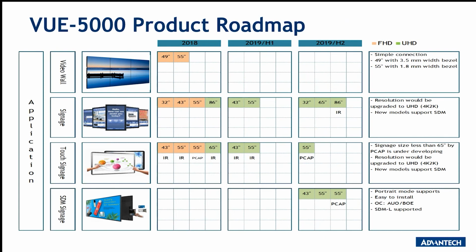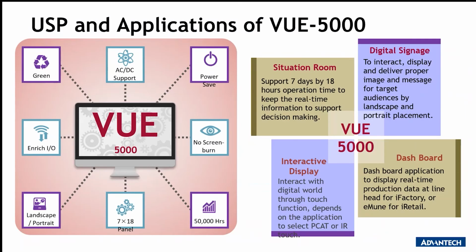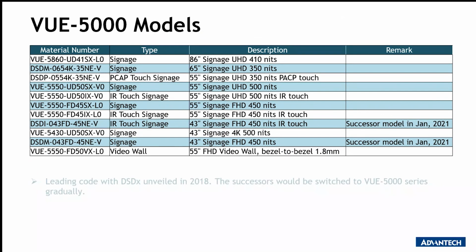The next one is the View 5000 product roadmap. This is for signage, with sizes from 31 inch to 86 inch. This is the USB application, same as the View 2000. This is the part number.